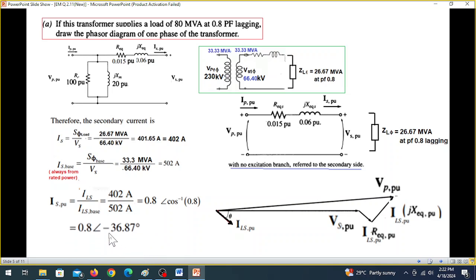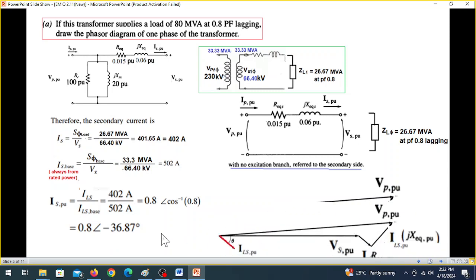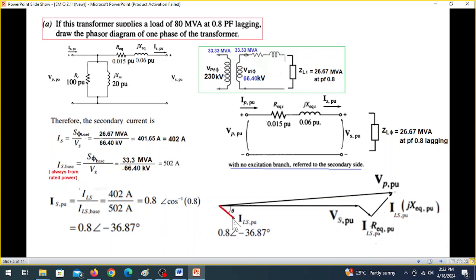And for lagging, we'll use the minus sign. So this will be minus 36.87. And so ISPU 0.8, angle minus 36.87. That means we have found this. So we'll just plot it here. This we have plotted, and the magnitude is 0.8, angle minus 36.87. So this one part we have plotted.